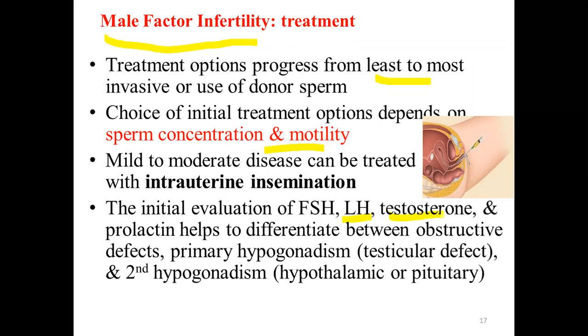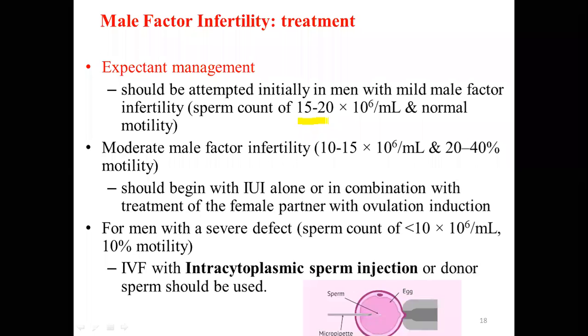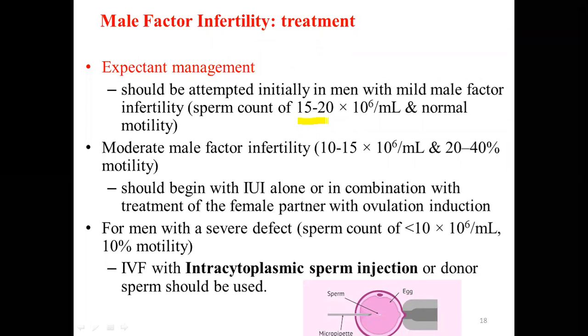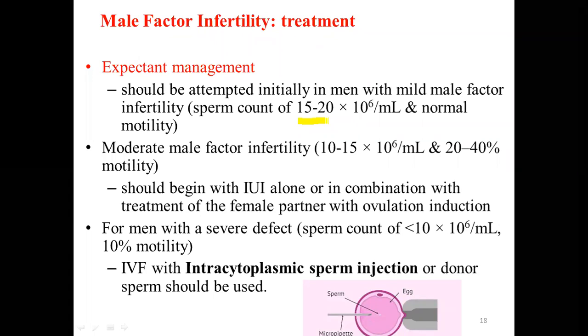In general, in male factor infertility, if the sperm count is not very badly reduced, for example between 15 to 20 million, and the motility is normal, that is a very mild condition. Expectant management with timed intercourse will work, but you have to monitor.